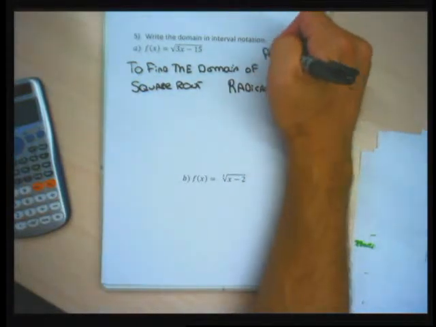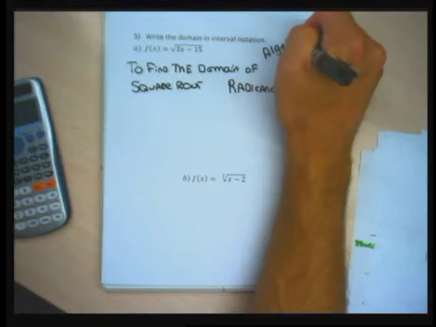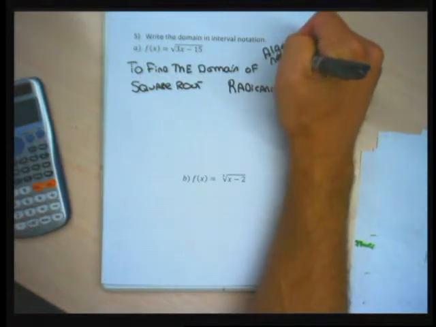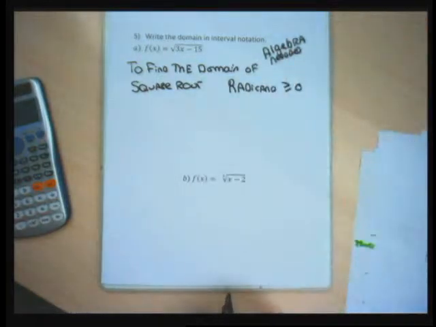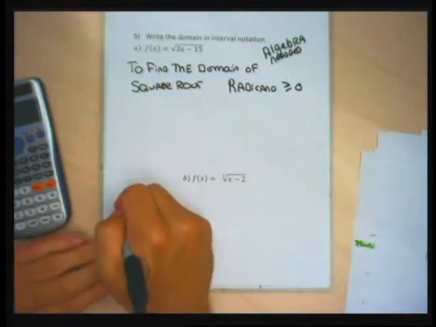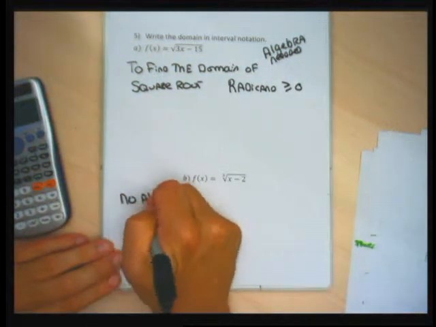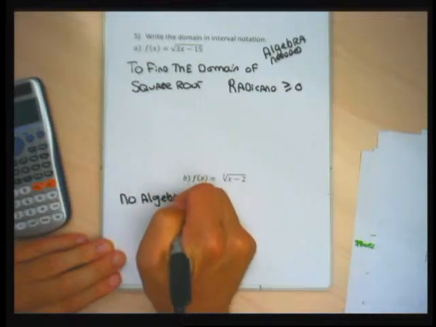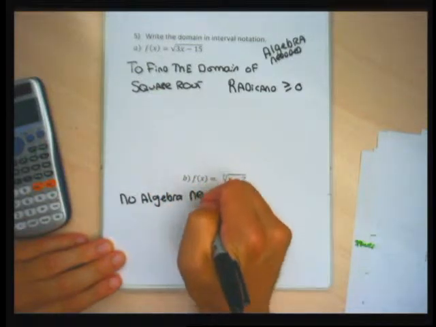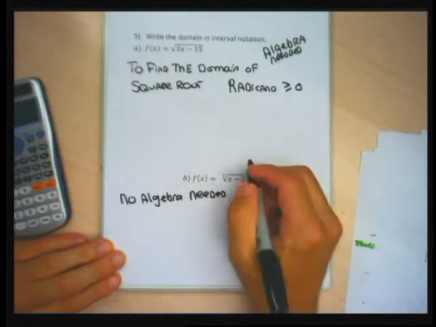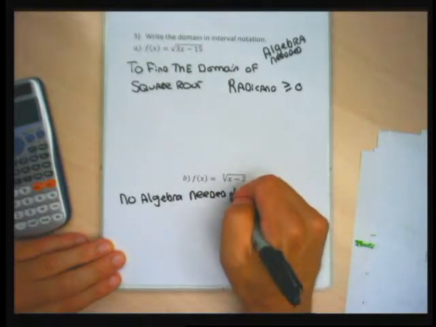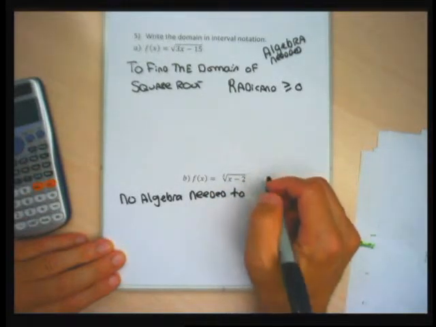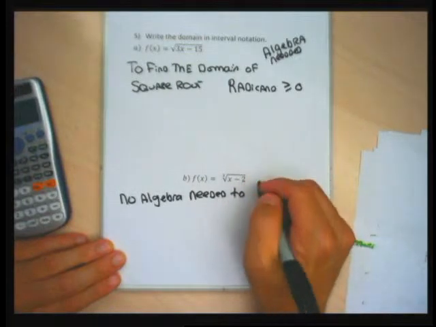So there's algebra needed to find the domain of a square root. There's no algebra needed to find the domain of a cube root. And if you do any algebra, like for part B, you'd probably get the number 2, which has nothing to do with the domain. It happens to be an x-intercept.